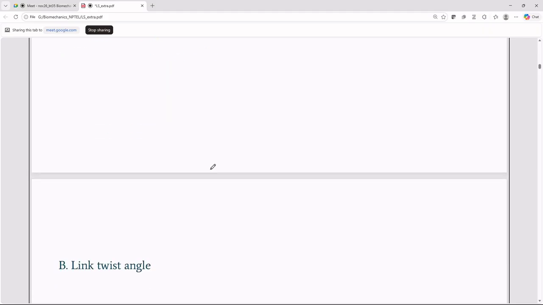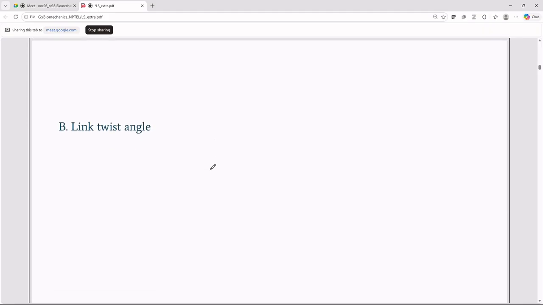Correct answer is option B, link twist angle.